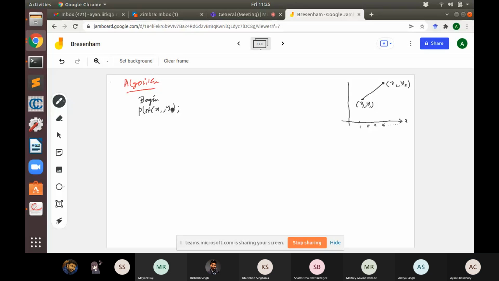What we'll do is run a loop that goes from, let's call it, I equal to x1 to x2, because we are going from x1 to x2 by step of 1. Right? So then we traverse like this.